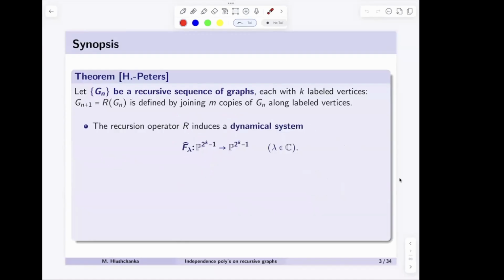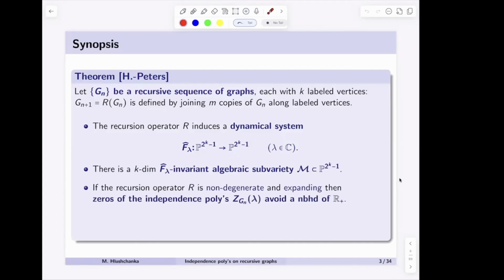What we will do with this is introduce a dynamical system associated with this recursion operator. It is going to be on a multidimensional projective space. This dynamical system will have a natural invariant algebraic subvariety, and by analyzing the dynamics on this subvariety, under some extra conditions on the recursion, we will be able to prove that zeros of the independence polynomial for this sequence of graphs avoid a uniform neighborhood of the positive real axis.